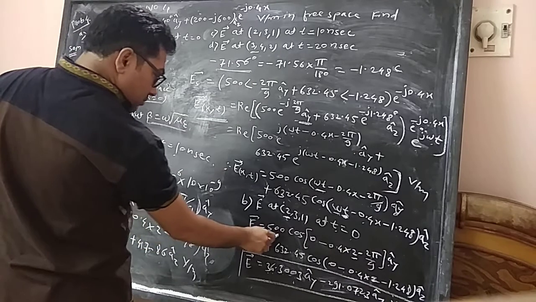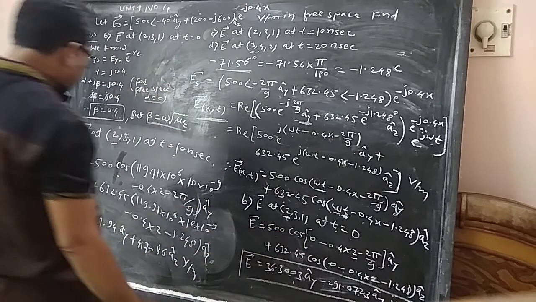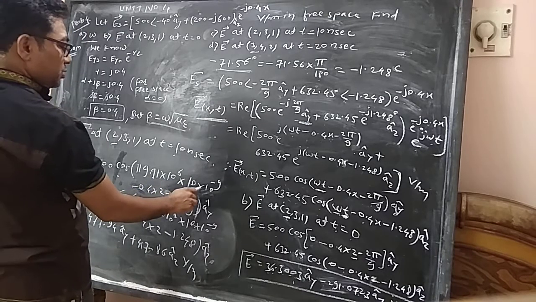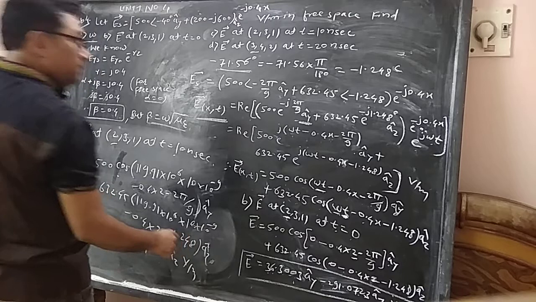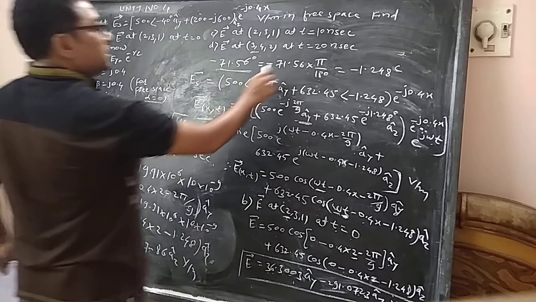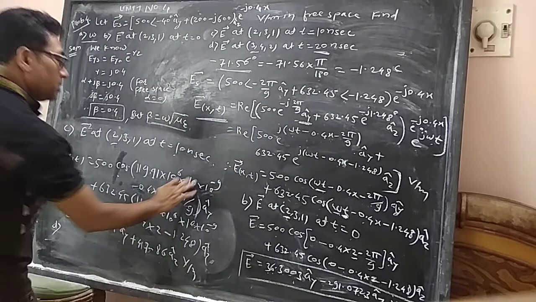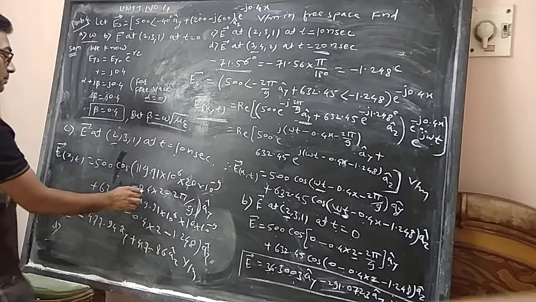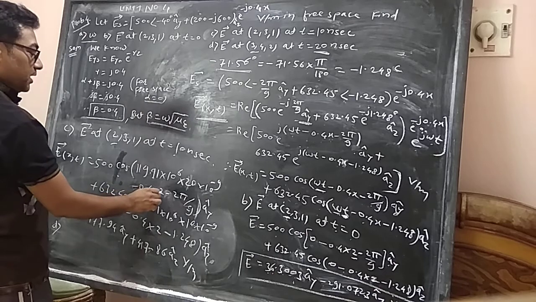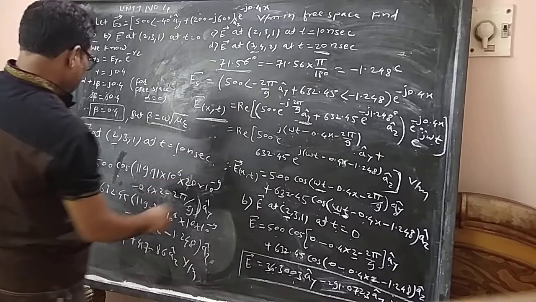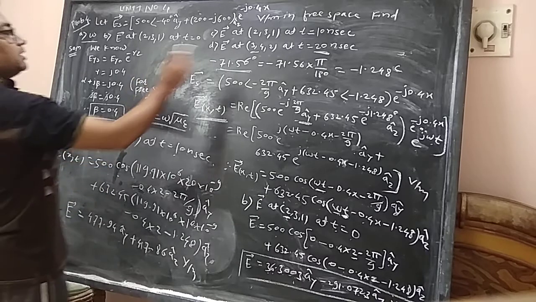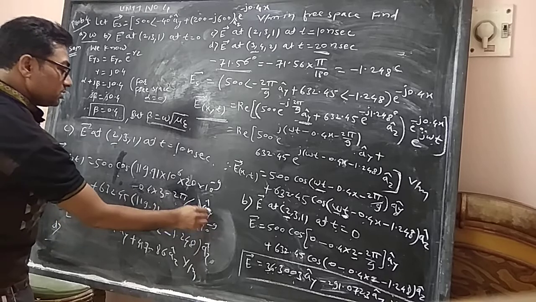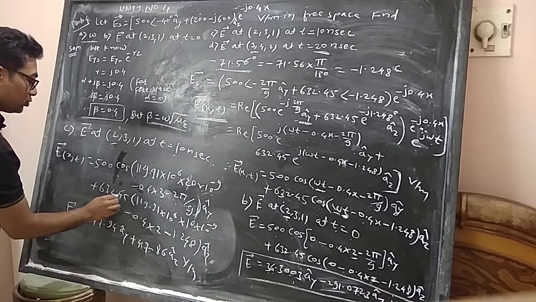So E vector is 500 cos of omega, 119.91 multiplied by 10 raised to power 6, multiplied by the time given, t equal to 20 nanoseconds, that is 20 multiplied by 10 raised to power minus 9, minus 0.4 multiplied by the x coordinate 3, minus 2 pi by 9 into ay, plus 632.45.